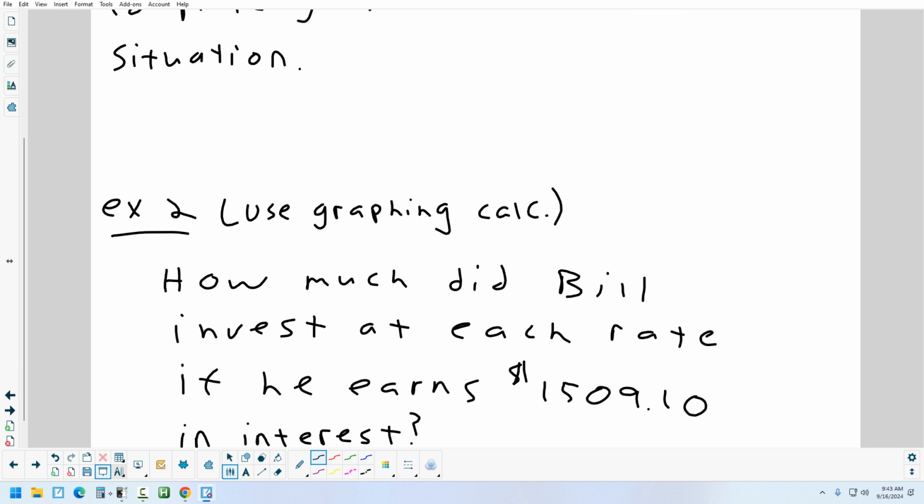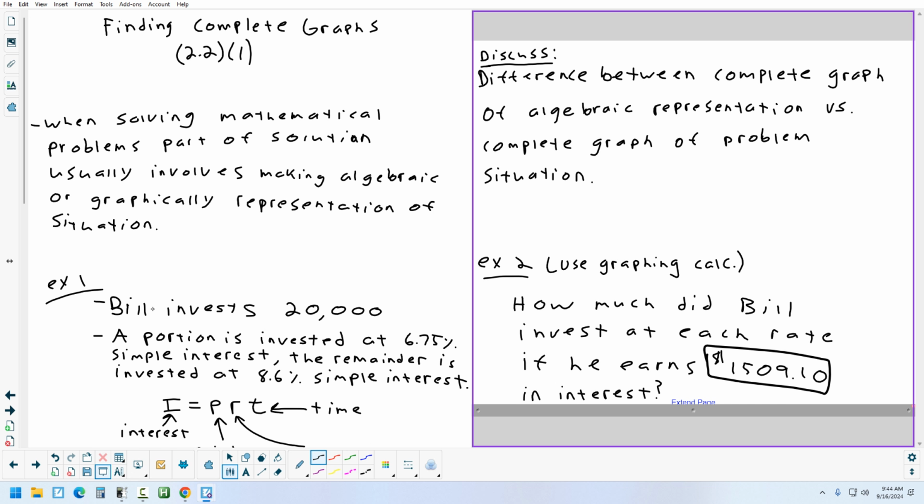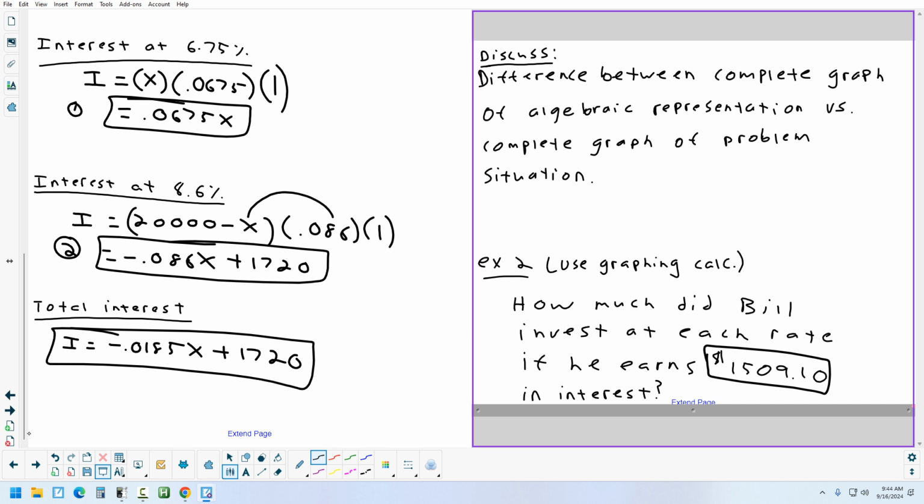Okay, so I want to figure out how much interest did Bill earn, or how much did he invest in each account if that's the amount of money he earned. So this 1509.10, what formula would that get plugged into over here?